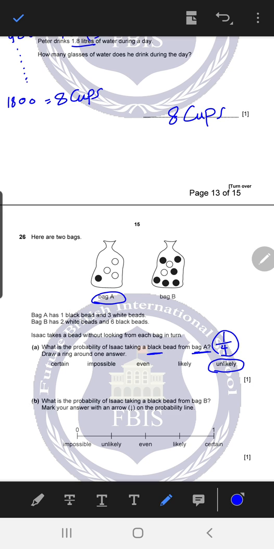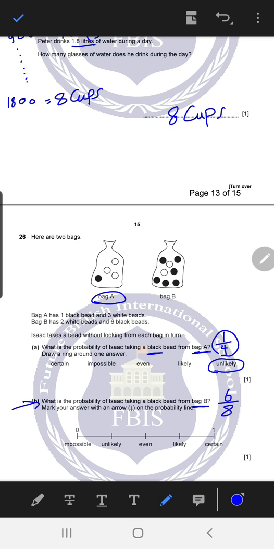What is the probability? Question B. Isaac taking black from bag B. Black is 6 over 8. Why 6 over 8? Because the total is 8 and 6 is the number of the black beads.